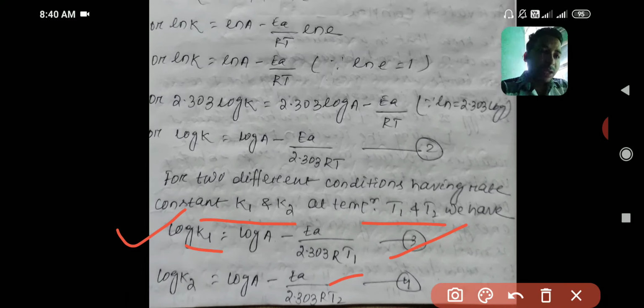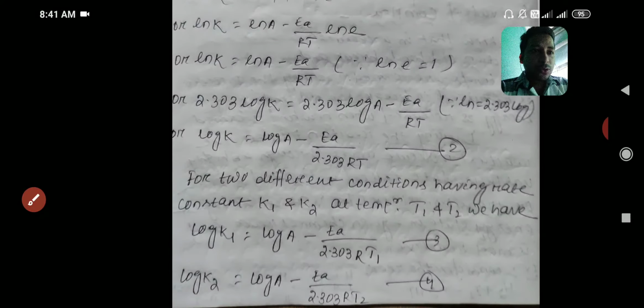We have to establish the relationship between these two components. And for rate constant k2, this equation can be written as log k2 is equal to log A minus Ea by 2.303 RT2.